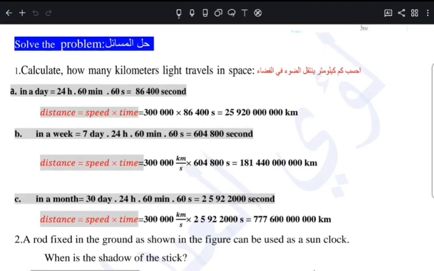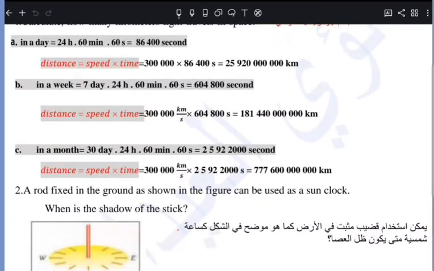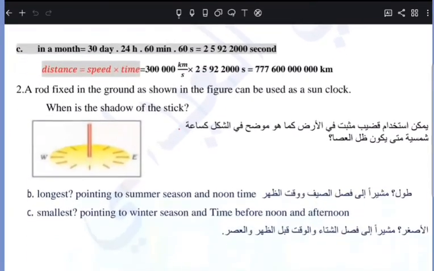In one day, distance equals speed times time. 300,000 times 86,400 seconds equals 25,920,000,000 kilometers. Excellent. Another time we will solve another question.